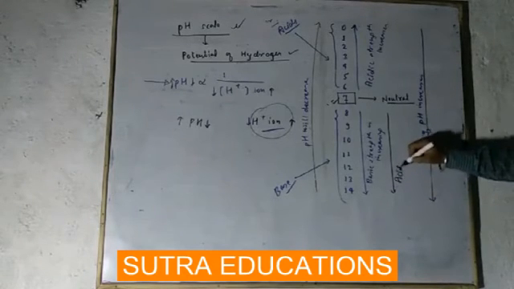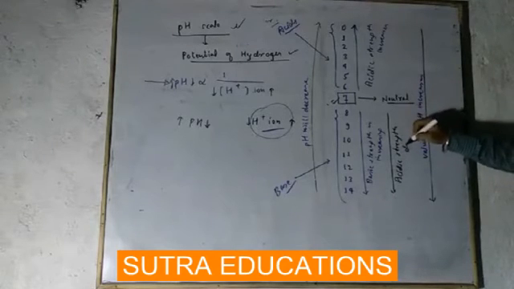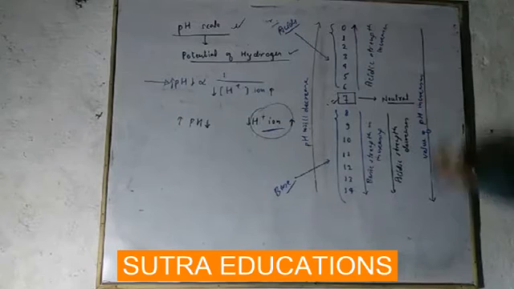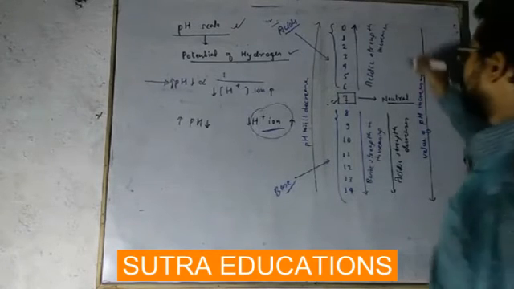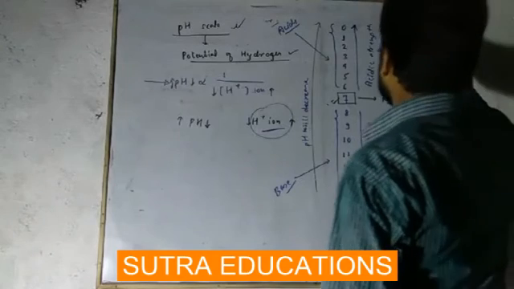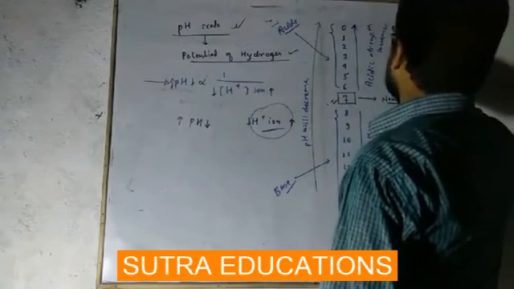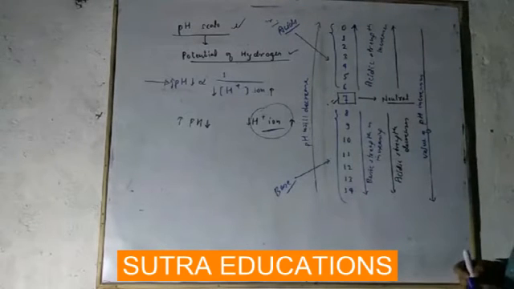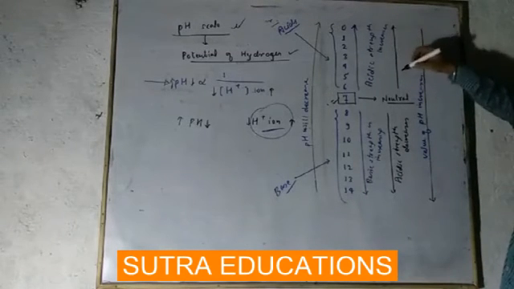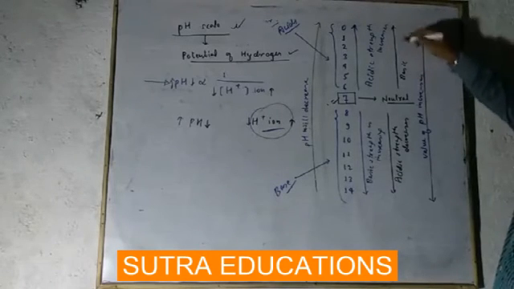And going from 6 to 0, basic character, or basic strength, decreases.